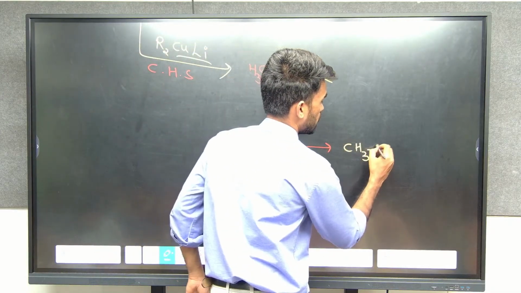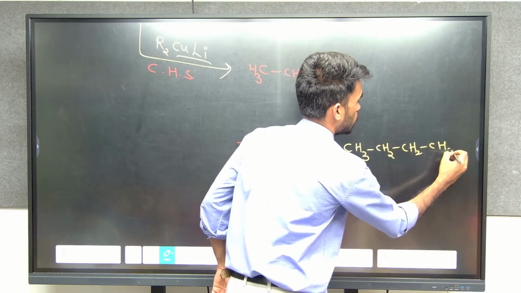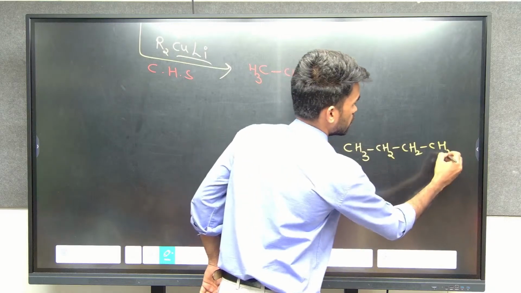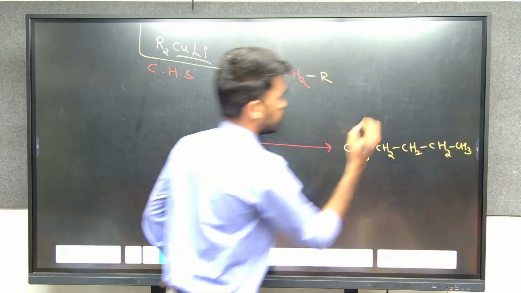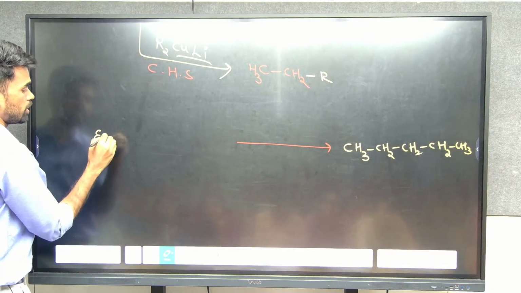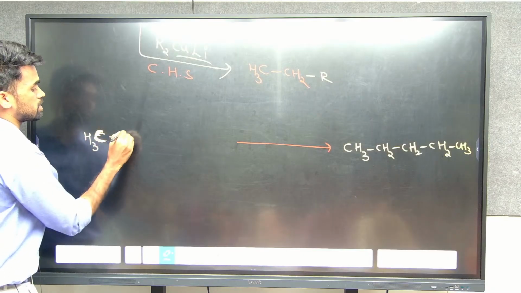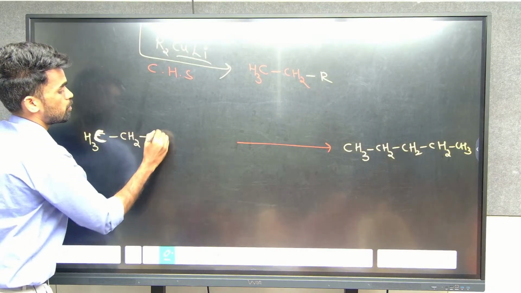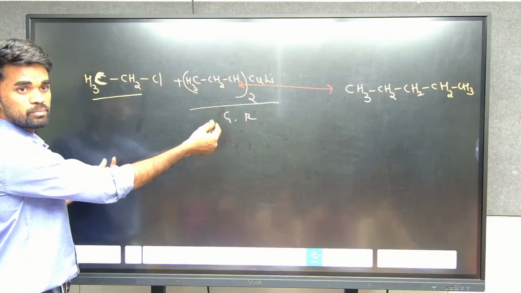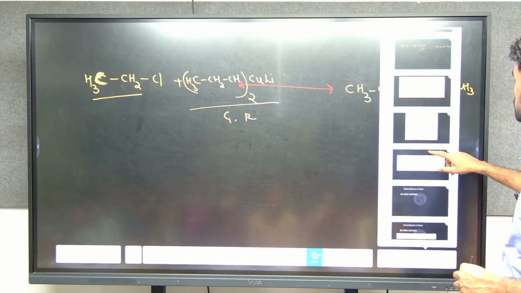What you need to prepare? And in your company you have only ethyl bromide. So now what should be the Gilman's reagent you should use for preparation of that compound? Cuprate.